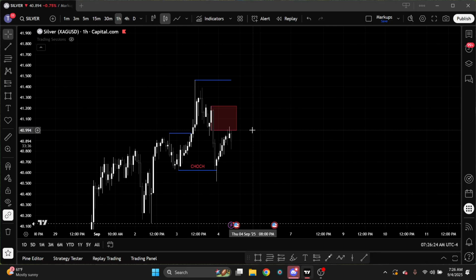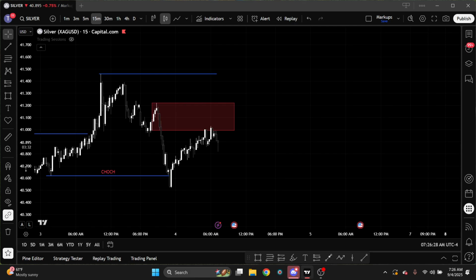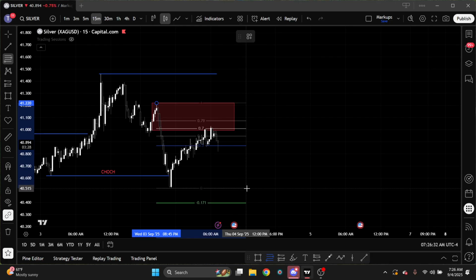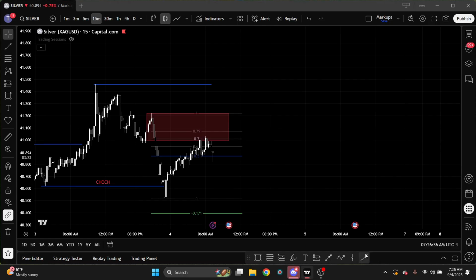Now we just hop on a lower time frame. You could do that and draw a fib from my most recent swing point, because this was the last. Broke this because price went up, came down, but failed to break higher.